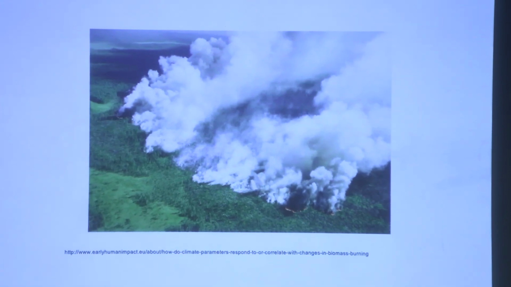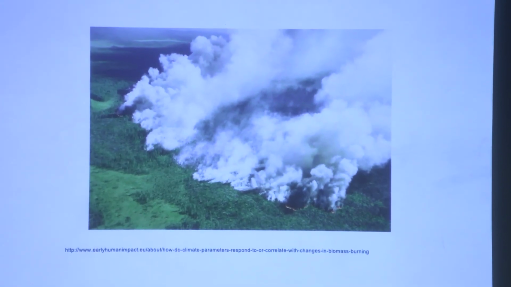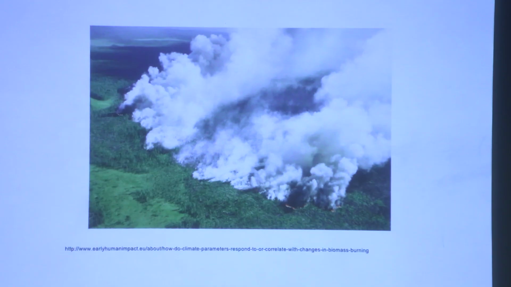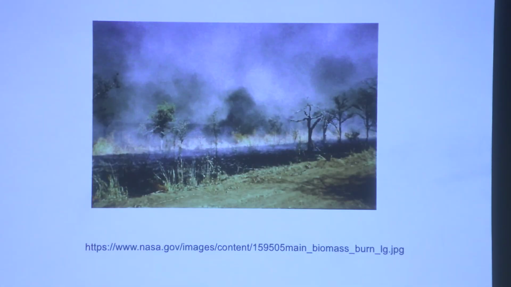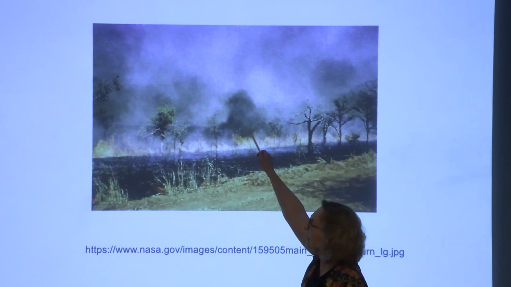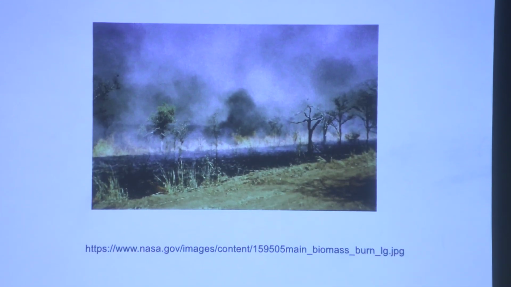Is it black carbon? Or if it looks white like this, this is organic carbon. And then there are other fires like this that emit a lot of black stuff. So this is your black carbon now.